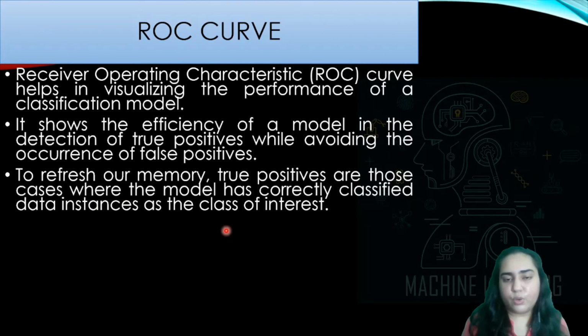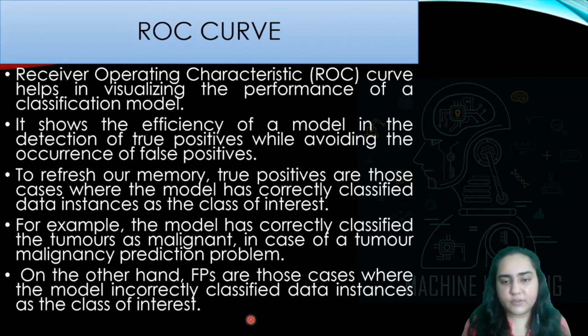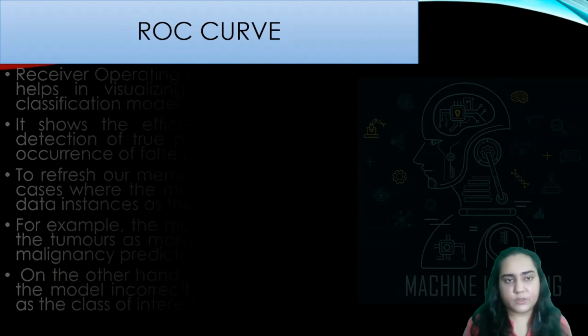So in terms of win and lose in a cricket match, the model correctly predicted that the team would win. That is a true positive. And a false positive means the model has incorrectly classified the data as positive. So the team is not winning, but the model said they are winning, so that is a false positive.